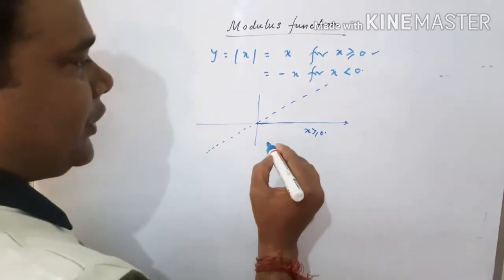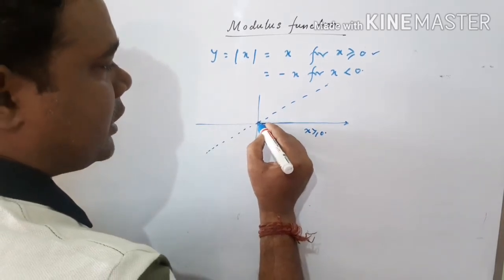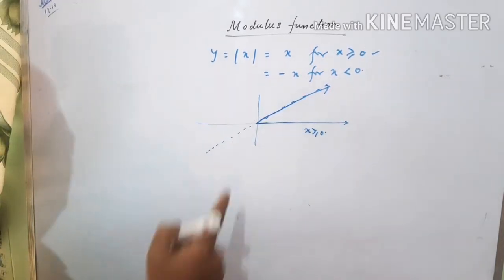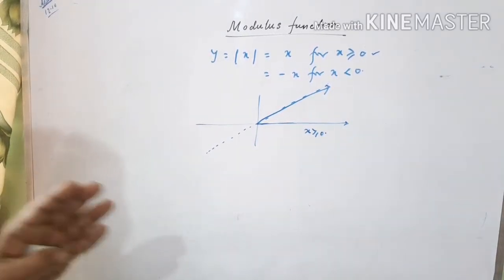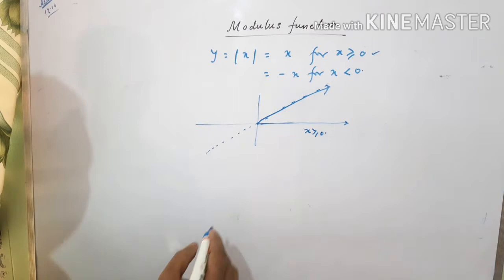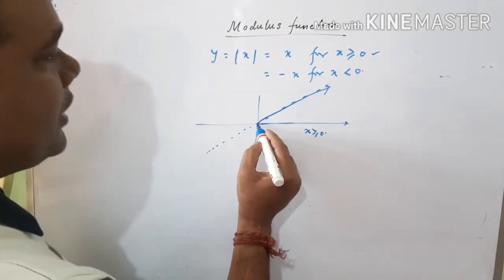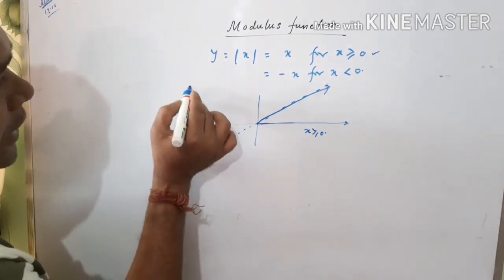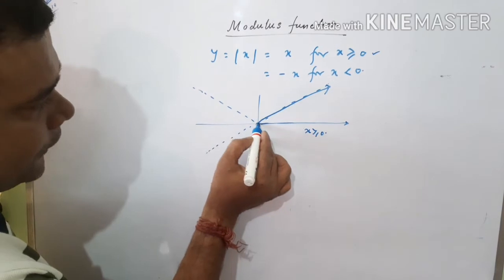See that this one is the origin, here x is 0, and in this direction x is greater than or equal to 0. So when x is greater than or equal to 0, the graph is like this. So we only take the part of the line y equal to x which lies in the first quadrant. Now we shall consider the graph of y equal to minus x, which is a graph like this.